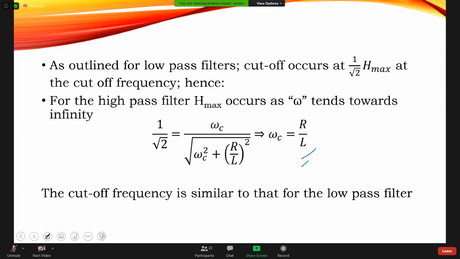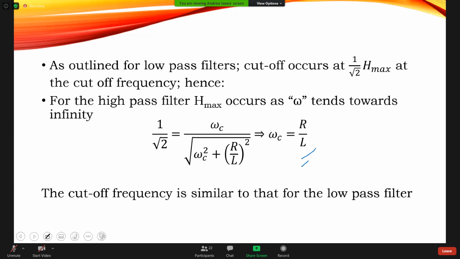Question, sir. So this is the same for the capacitor for high and low, the cutoff frequency? So for the cutoff frequency for the capacitor, RC, it's 1 over RC. Oh, okay.